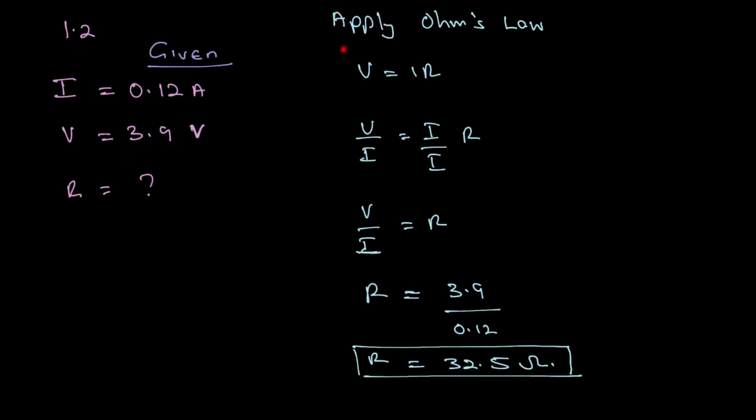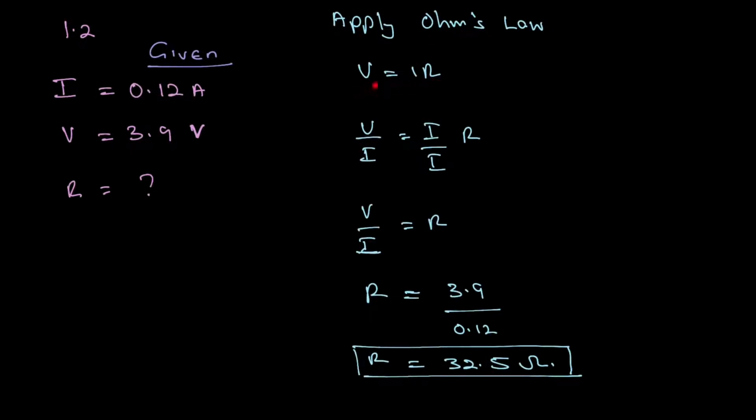Question 1.2. The current in the electronic circuit in the mobile phone was 0.125 amps. The potential difference across the battery was 3.9 volts. Calculate the resistance of the electronic circuit in the mobile phone. So we're given the current, which is 0.12 amps. We're given voltage. So now applying Ohm's law, V equals IR.